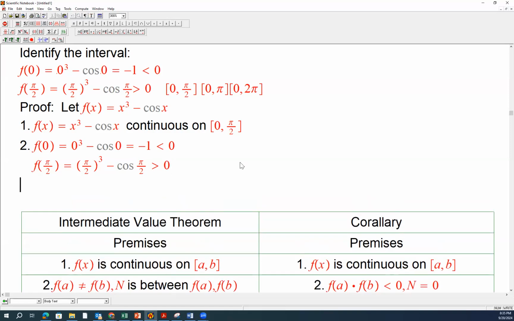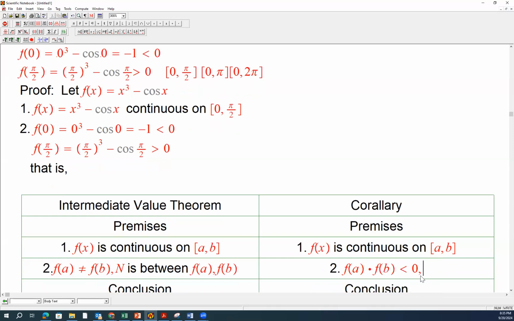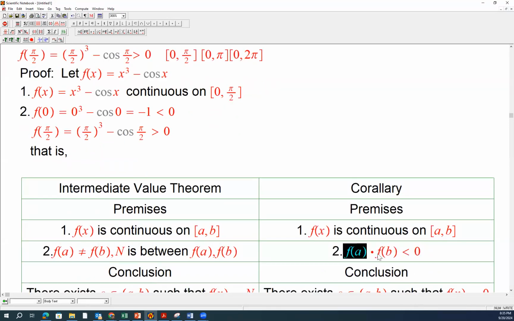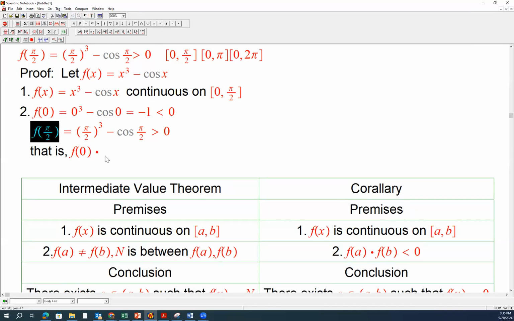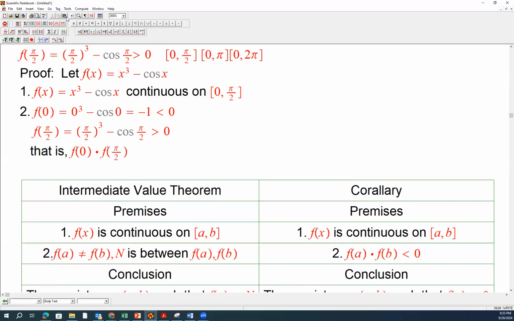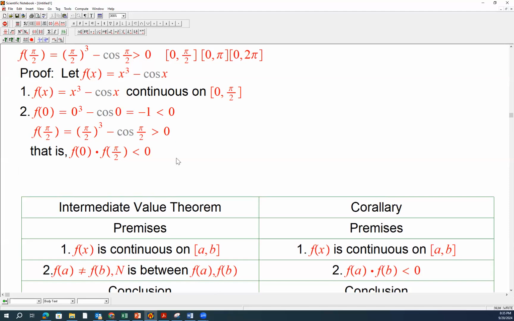Some of you like to explicitly point out that N equals 0, but you don't need to do that. You just want to point out f of a and f of b are opposite, as stated in the corollary. That's even better. This is a negative.